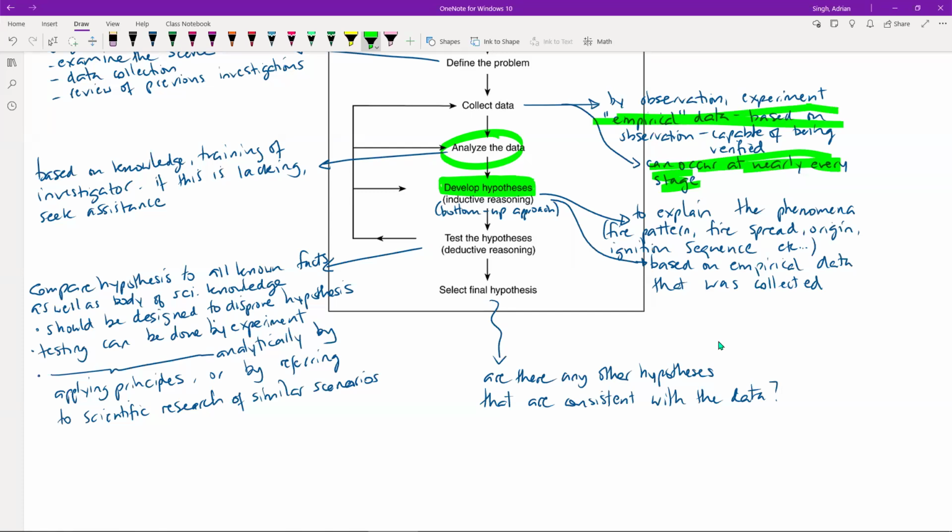Those are the hypotheses that we can develop based on the data that was collected and based on analysis of the data. That is known as inductive reasoning.